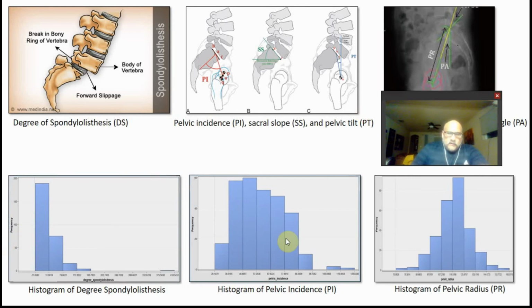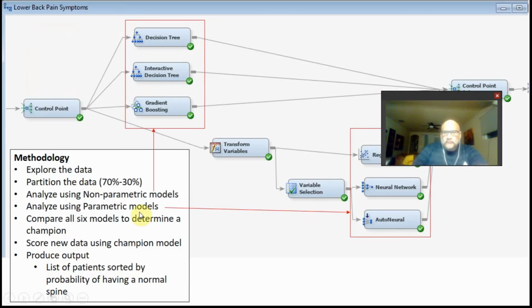Here, you can see the distribution of these three variables. PI and PR are fairly normally distributed, while DS is not. And for this reason, I conducted a transformation using log 10 to normalize the distribution.